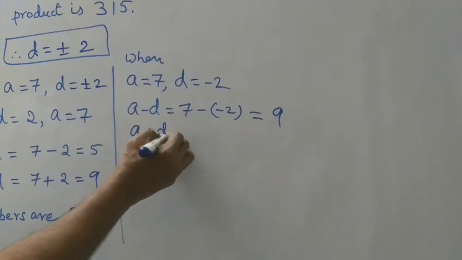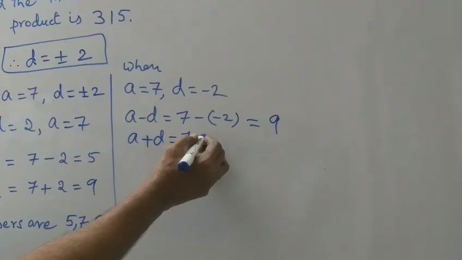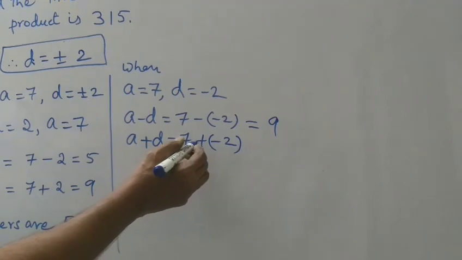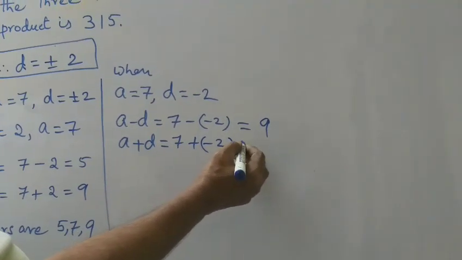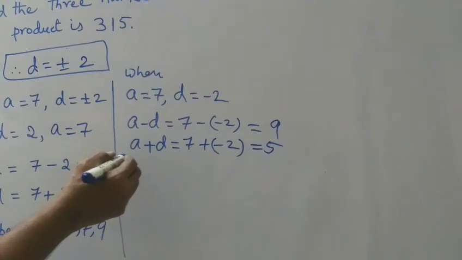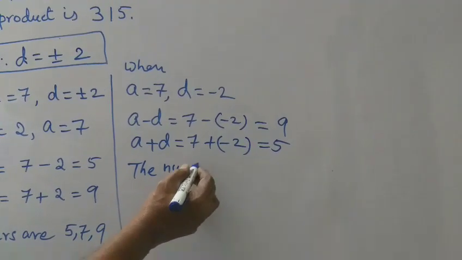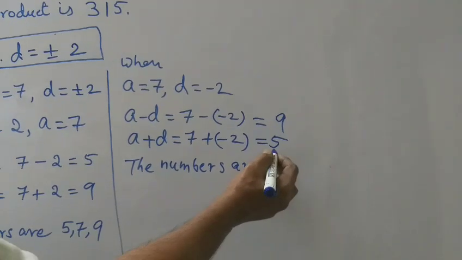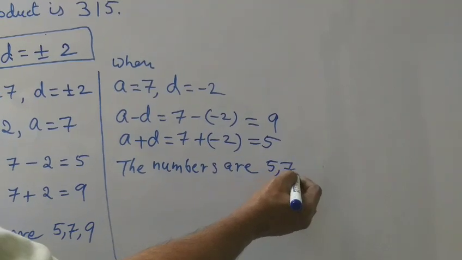And a plus d is equal to 7 plus of minus 2. So plus into minus is minus, 7 minus 2 becomes 5. In this case also the numbers are 5, 7, 9.